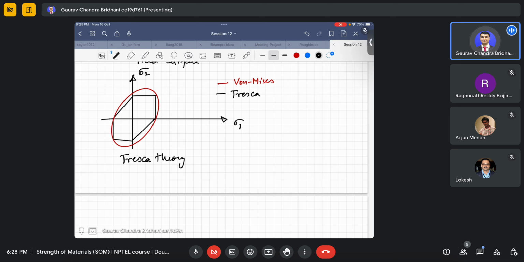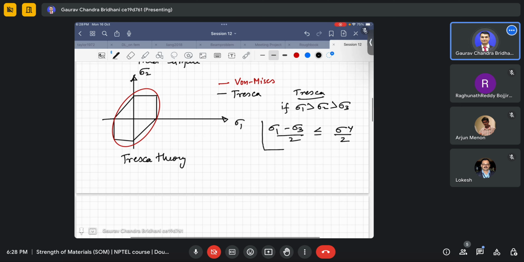In Tresca, I will write it in the manner that sigma 1 is greater than sigma 2, which is greater than sigma 3. So (sigma 1 minus sigma 3) by 2 should be less than or equal to tau max, which is sigma y, the yield, by 2.